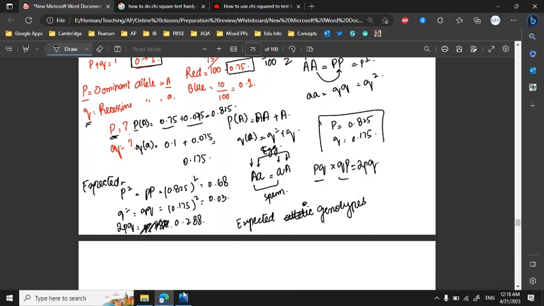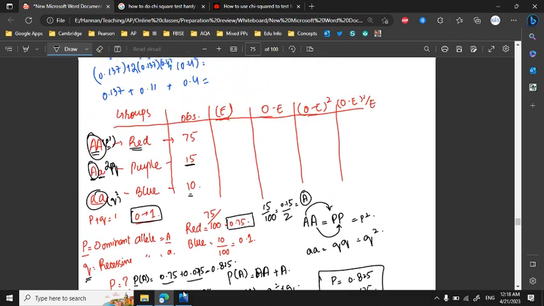Now you see, this is how you are going to find out the expected genotypes. Let me tell you what the first step is going to be.